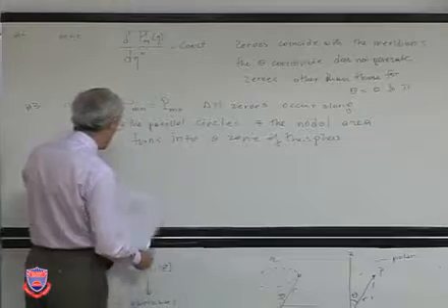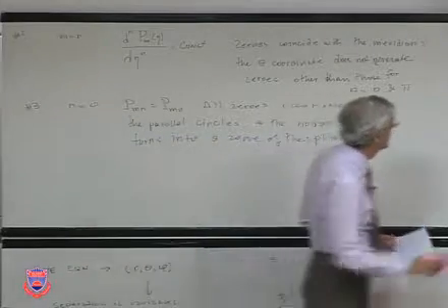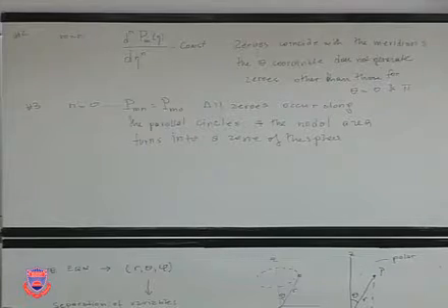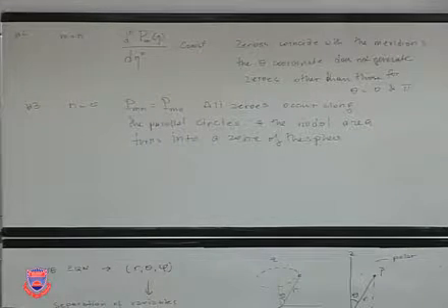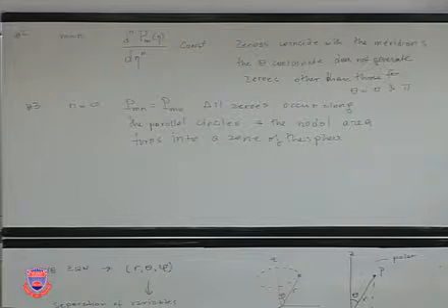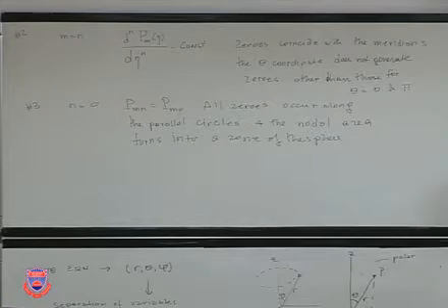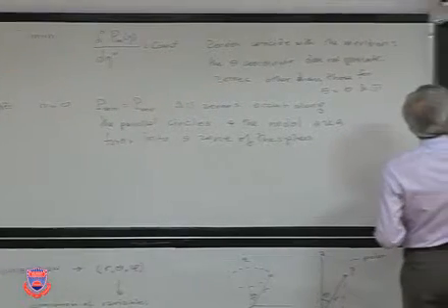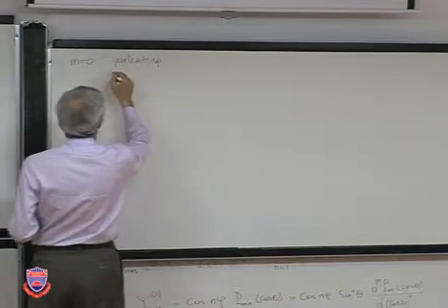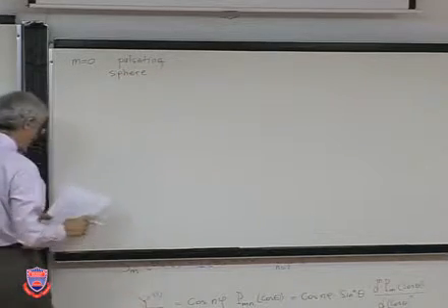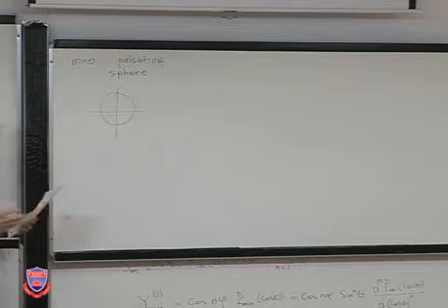A few examples. A pulsating sphere is a very good and common example we'll use, and the directivity is symmetric.